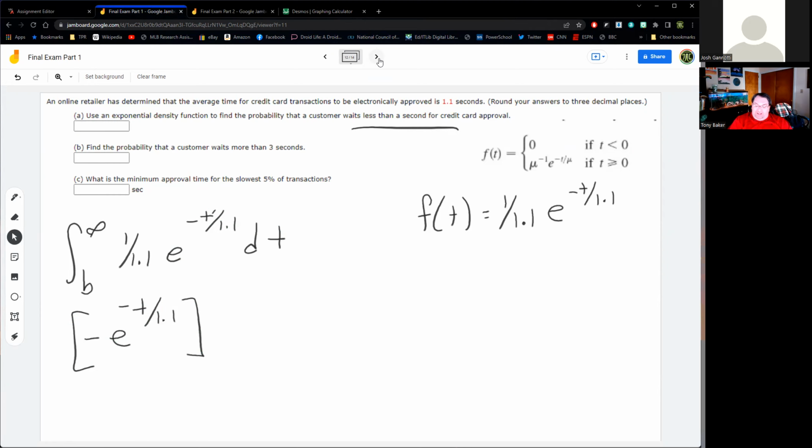So now we want this to equal the 0.05 for the slowest 5%. First thing, actually don't worry about the negative side because I'm doing the other direction.